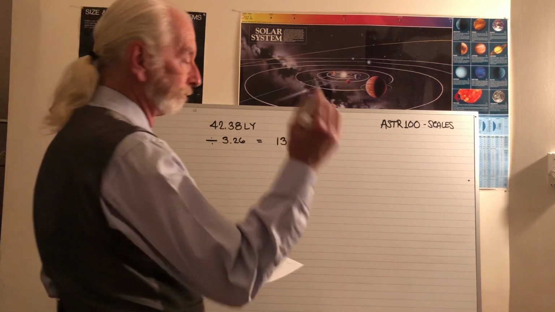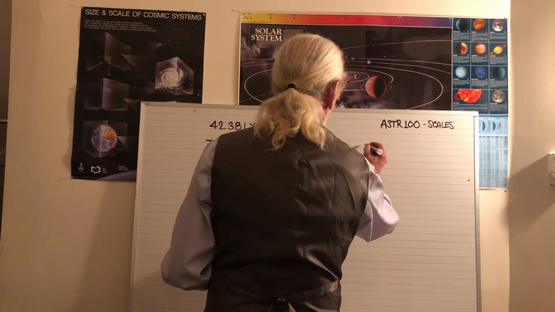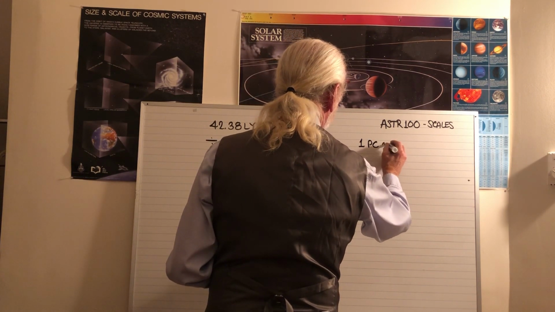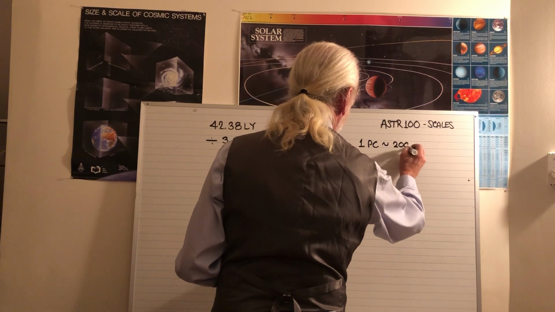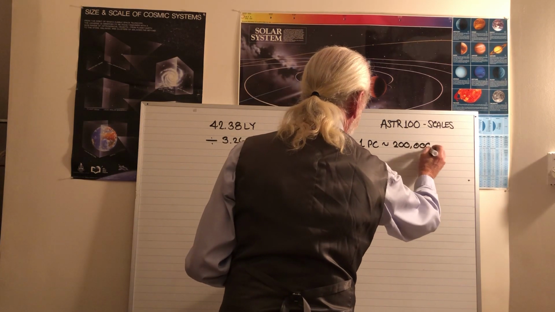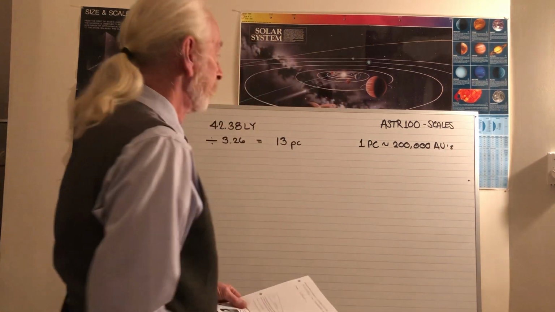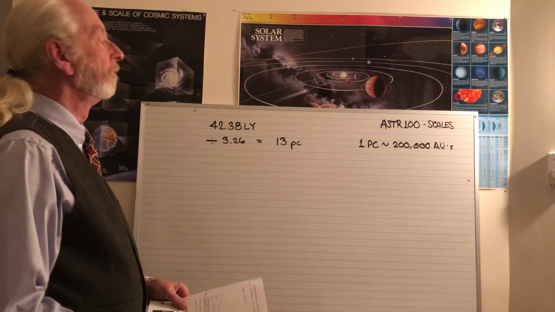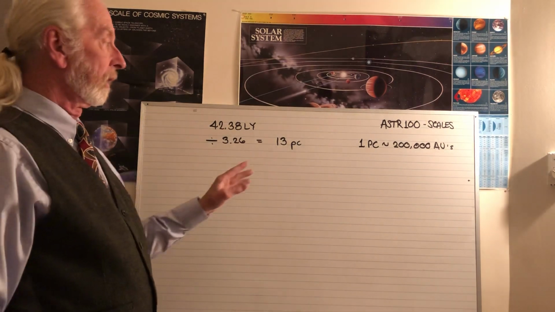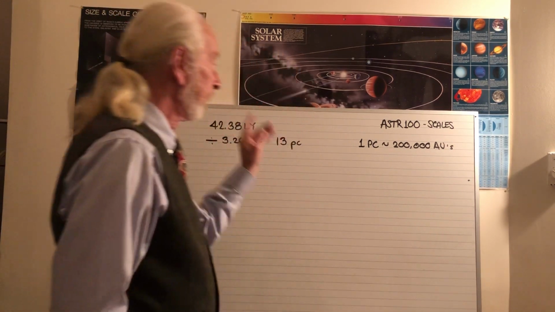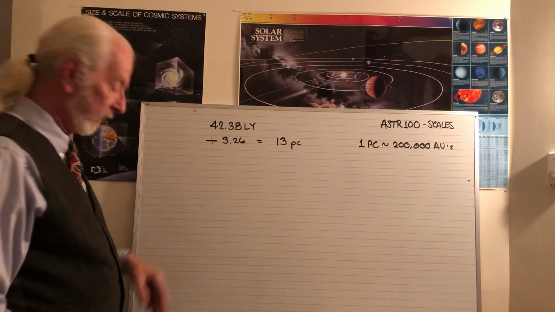Well, we're just going to say 1 parsec is roughly 200,000 AUs. Make a note of that. That's close enough because, in astronomy, we round things all the time.